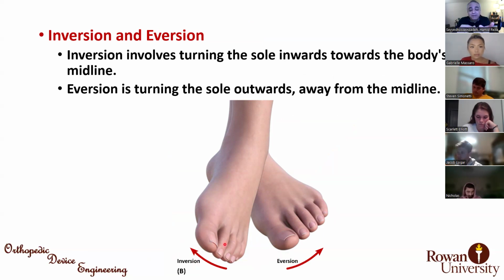So in the ankle, we have flexion and extension in the sagittal plane, which we call dorsiflexion and plantar flexion. And we have eversion, turning the sole outward, and inversion, turning the sole inward.